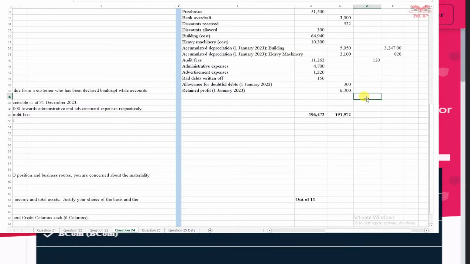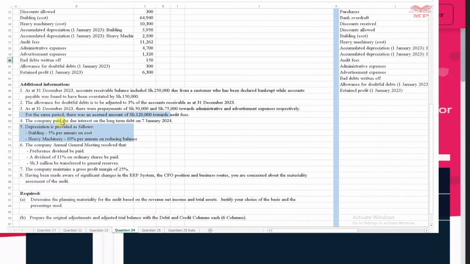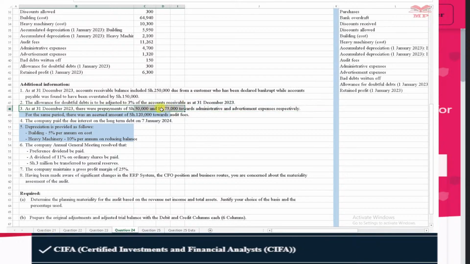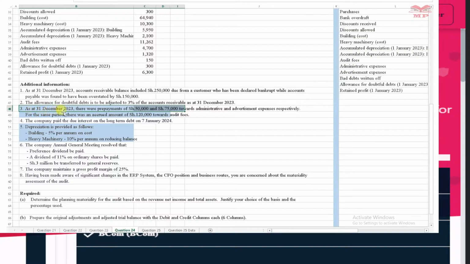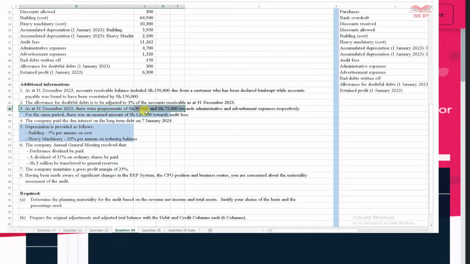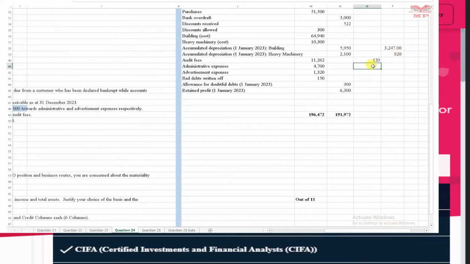Once we have 120, we can now come to administrative expenses, because I wanted to move systematically there. So don't worry, we're going to analyze each and everything. So administrative expenses, here we go now. As of 31st December 2023, there were payments of 50,000 and 75,000 towards administrative and advertisement expenses, respectively. So that one is done. Is it debit?